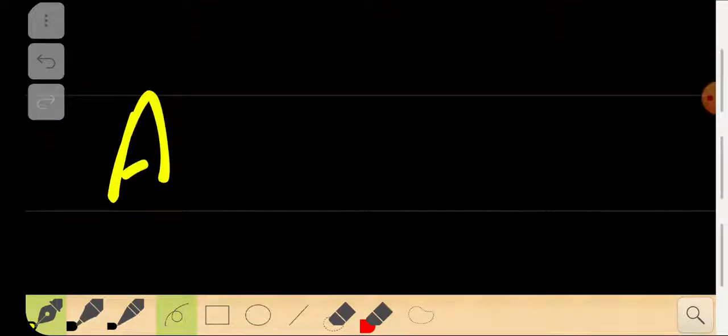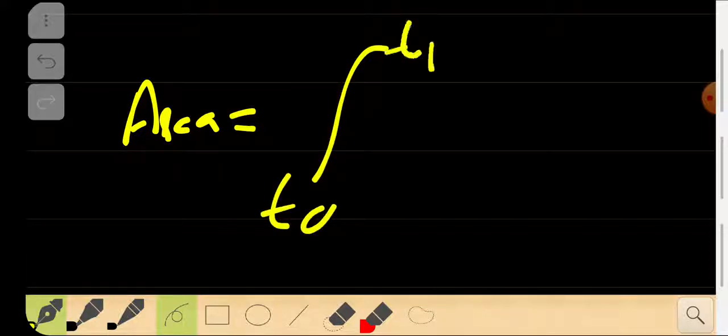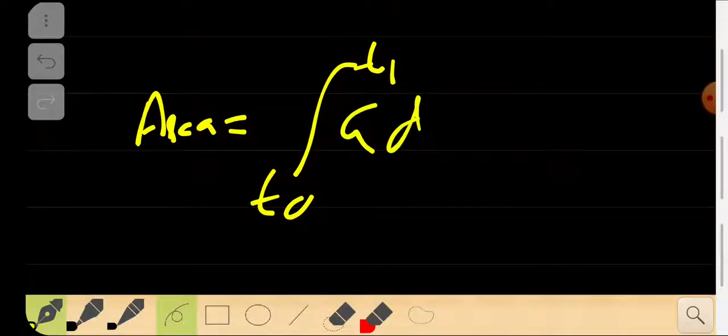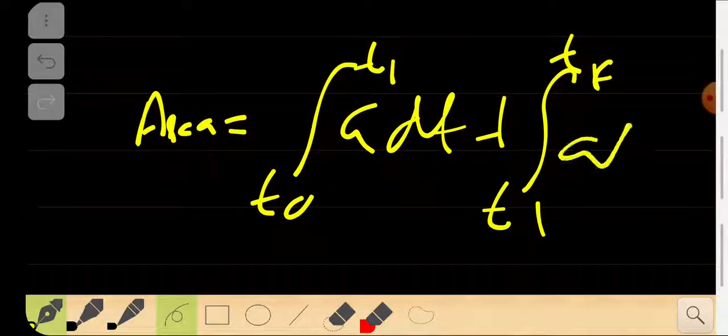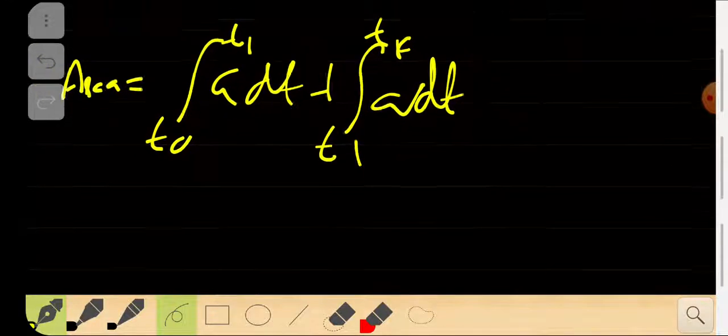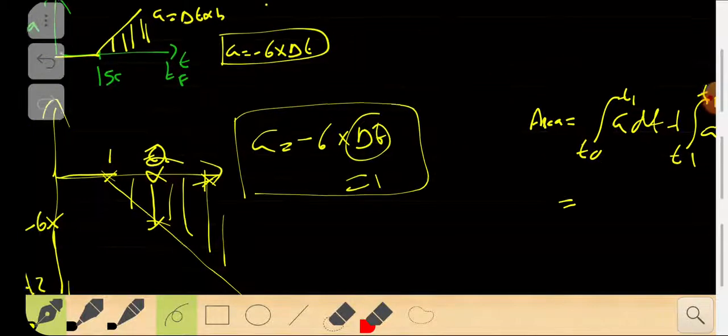So let area be equal to the integral of t0 to t1 of a times dt plus integral t1 to t final of a times dt, right? So that will be the area. So you can expand on this and you can see the graph yourself.